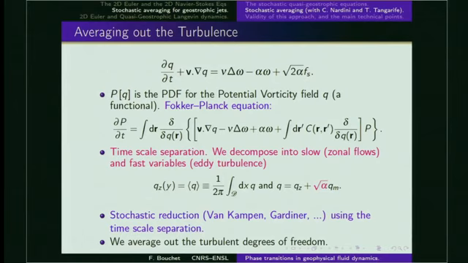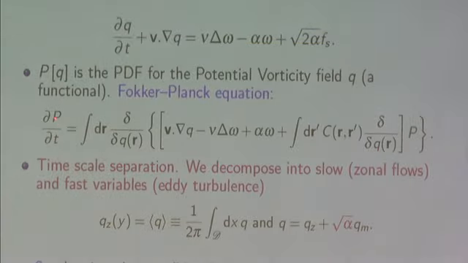You could write, equivalently, the adjoint equation for the observable, but we write formally the equation for P directly, and it gives us a Fokker-Planck equation. The derivative of P over dt is given by a functional derivative of an operator, where you recognize the deterministic part of the dynamics, and a second order term with respect to the functional derivative, which corresponds to the effect of the stochastic noise. This is just formal.